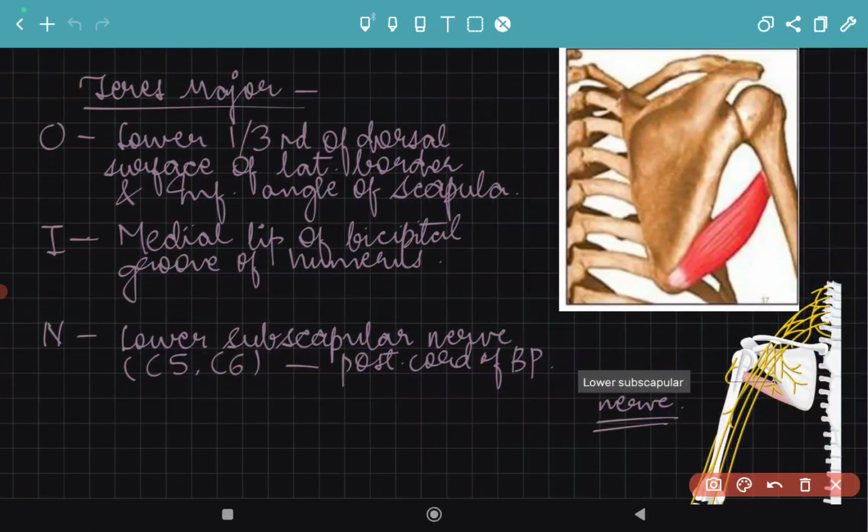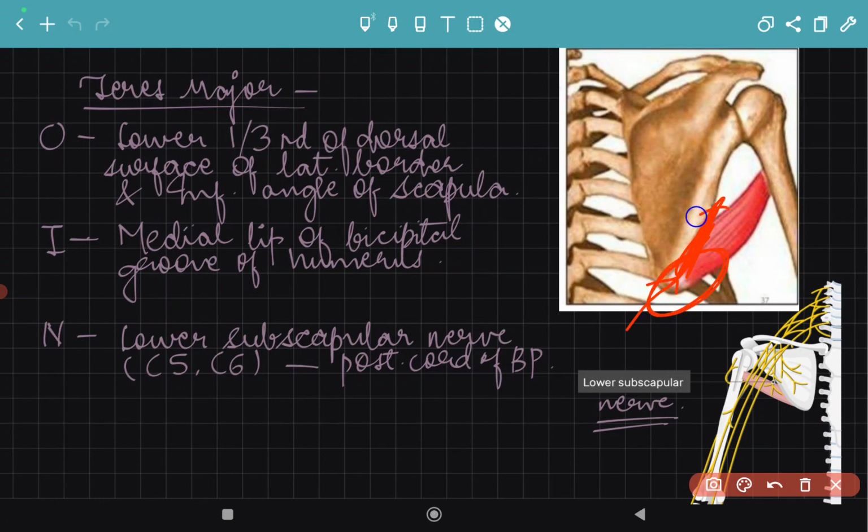It originates from, as we can see, this posterior view of the shoulder joint. The teres major arises from this dorsal surface of the scapula, the lateral border of the scapula and the inferior angle of the scapula.